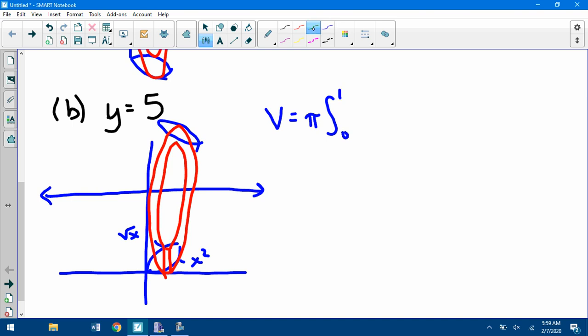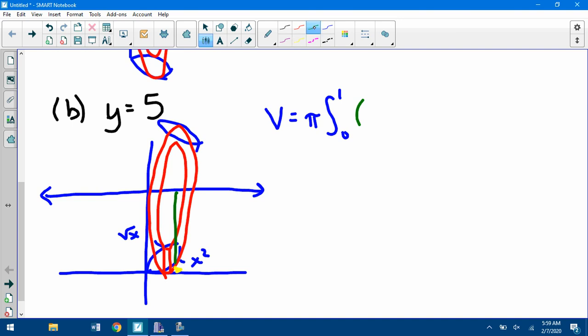Let's think about our outer radius. We're going from here all the way to that line. What's it going to be? You've got to be a little more careful with this one, because if you said something like x squared minus 5, you got it a little bit backwards. Remember, this down here, that's the x squared part.